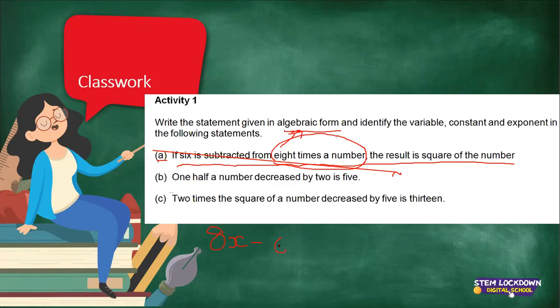You can see your answers, learners. Notice 6 is subtracted from 8 times the number. So it's 8x minus 6, which equals the result, the square of a number. So it is x squared. Well done, learners.